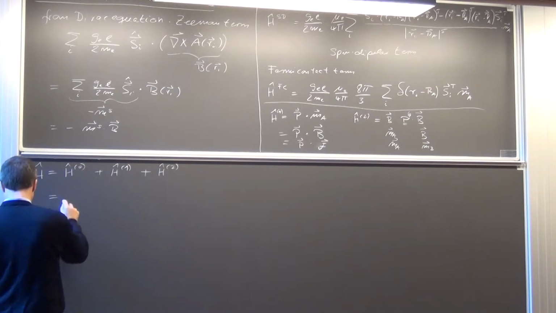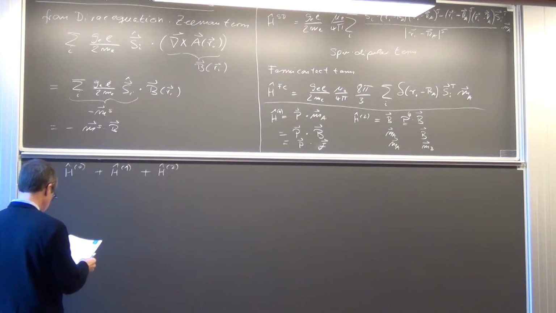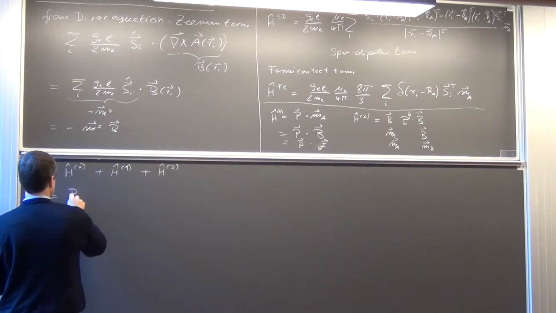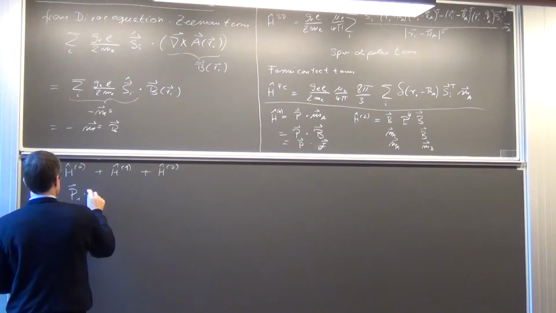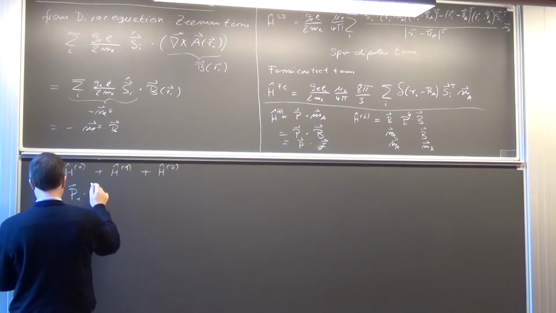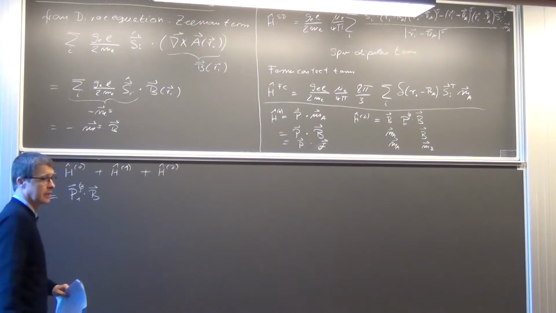So if we write that out now, what we finally have then, we have this P1 xi operator with the external magnetic field.